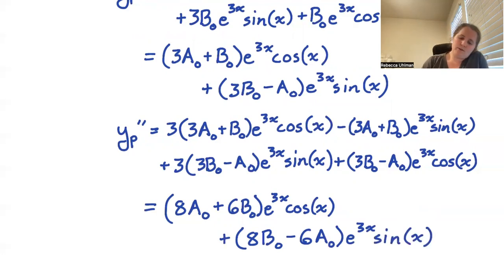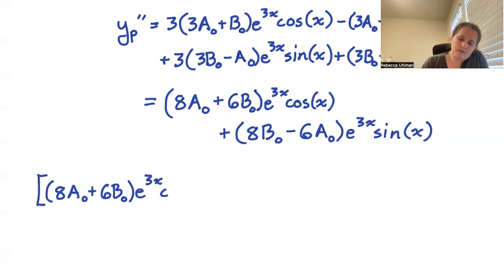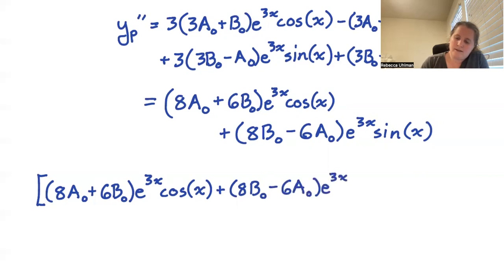If we plug this into our equation, these get really messy really quick. We would start off with 8a0 plus 6b0 times e to the 3x cosine of x plus 8b0 minus 6a0 times e to the 3x sine of x. That's our y double prime.